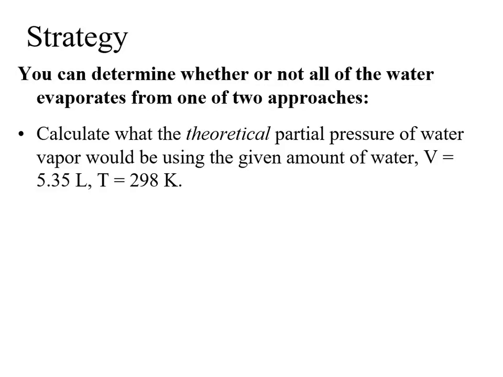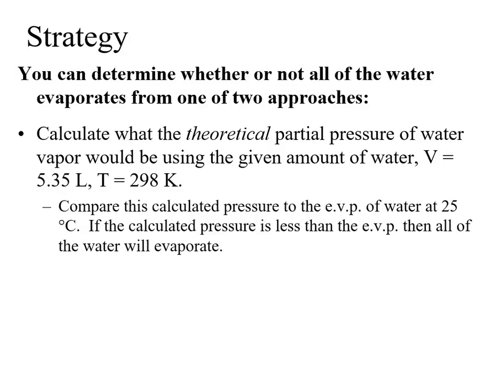So we're going to calculate the theoretical partial pressure of water, assuming that it all evaporates. Then we're going to compare what we get to that equilibrium vapor pressure on the table. If it comes in under it, then we know we didn't bump up against the equilibrium vapor pressure. We could have actually evaporated even more water. Then all the water will evaporate.